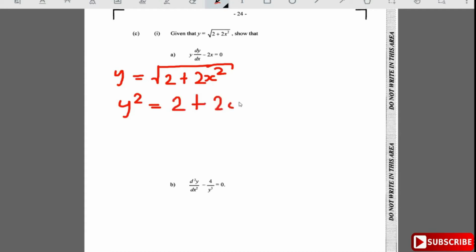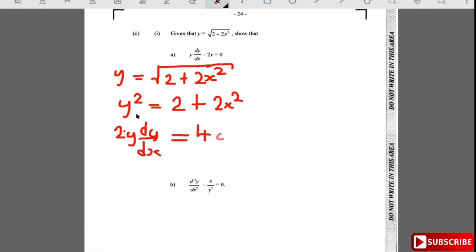Then you differentiate y squared, and you get 2y times dy by dx, and that's equal to, when you differentiate 2, you get 0. When you differentiate 2x squared, you get 4x.